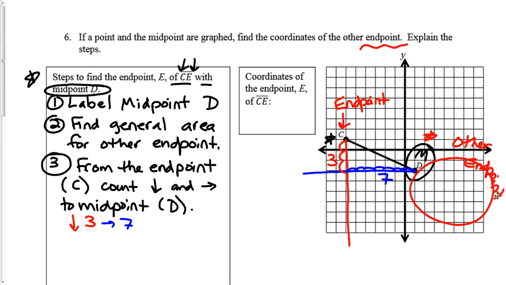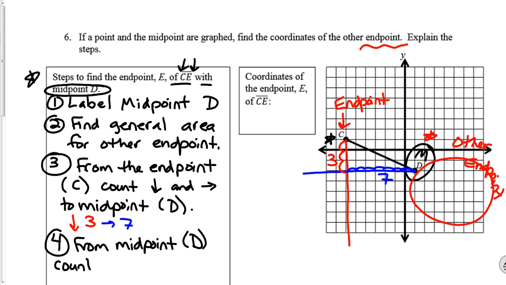Next step. So I want to start where I ended. So from the midpoint, that's where I ended. I ended on D when I was counting. So from the midpoint, we're going to count, in this case, down and over again the same amount.